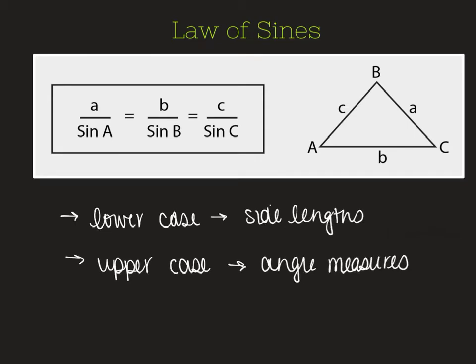Notice that each angle and corresponding side length are across the triangle from each other, so they're opposite of the angle. So big A is the angle, little a is the side length.